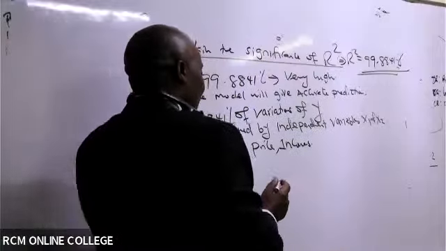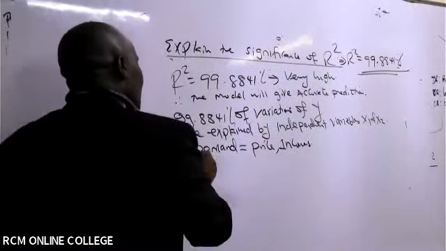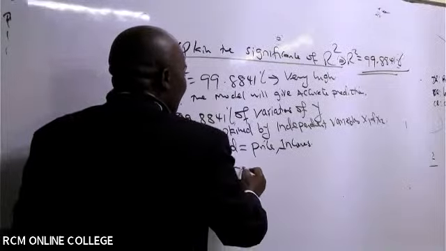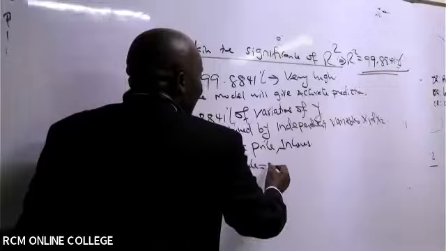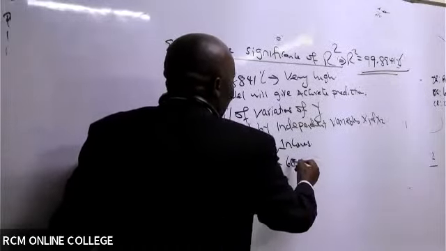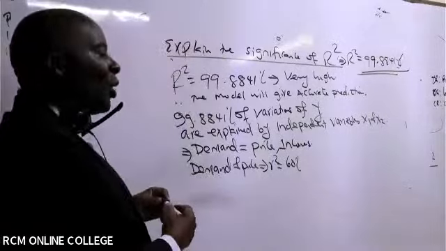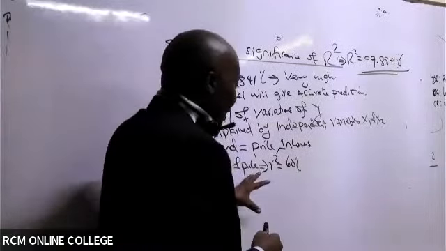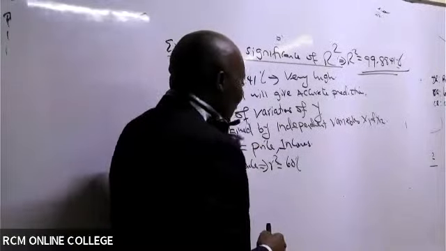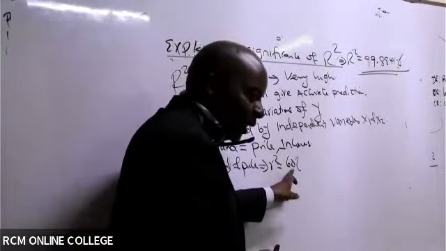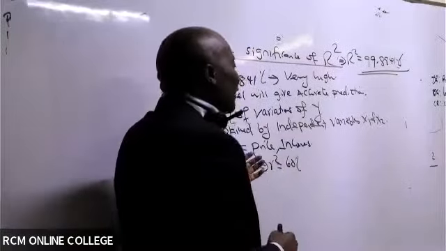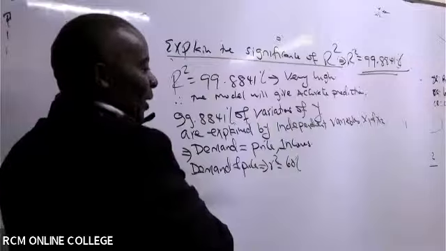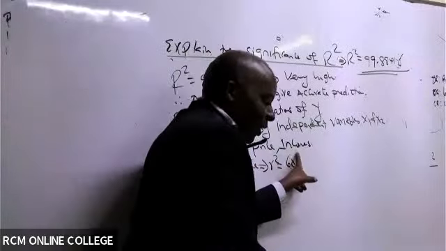When you are doing your research, you can easily do research between demand and price, and you get R squared of say 60%. What does this mean, my good students? It means that price is only able to account for variations in demand up to 60%, meaning there are other factors not within the model. Other factors like now what? Income.